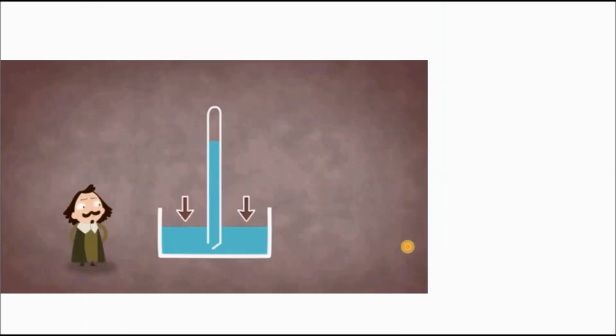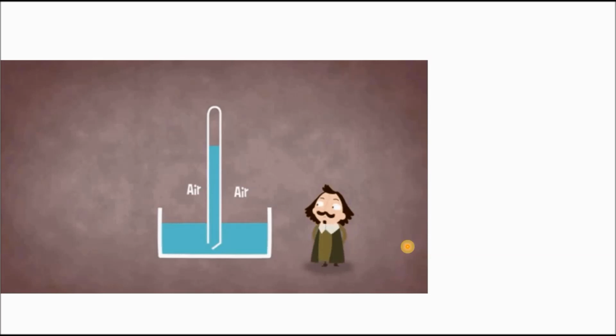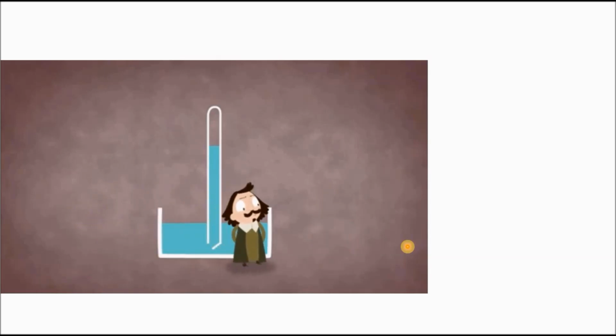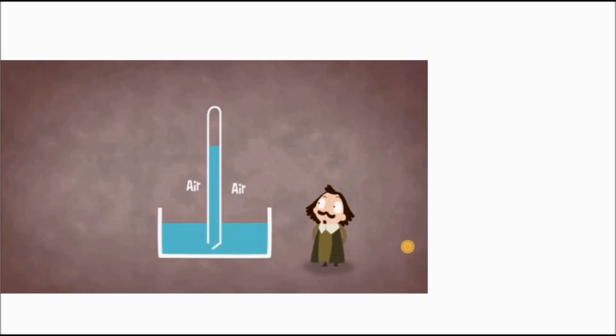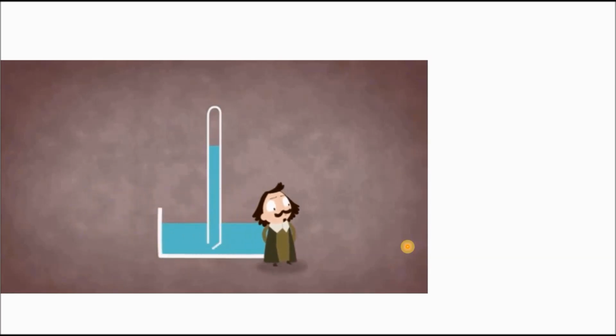One fine day, his student Torricelli came next to the instrument, and he thought that something is different from the vacuum. Why does water rise only 10 meters?